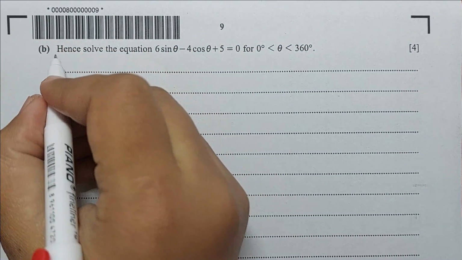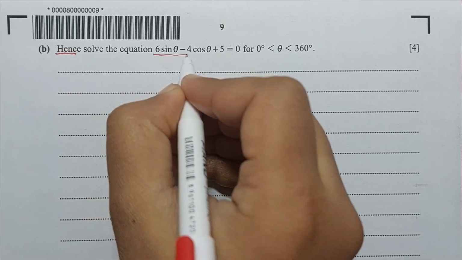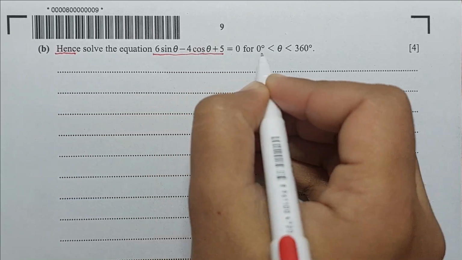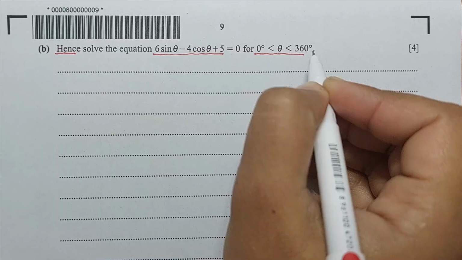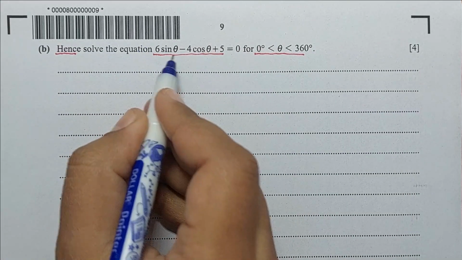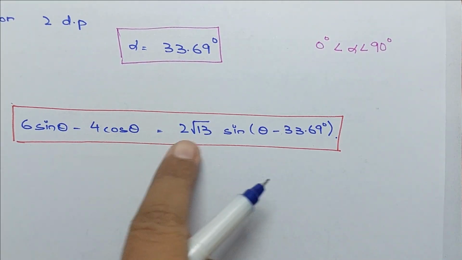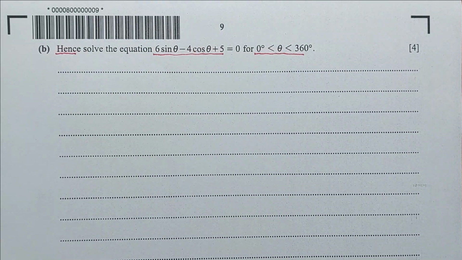Now for part B, hence use answer from part A. Solve the equation this whole plus 5 equals to 0 from 0 to 360 degree. As we know that 6 sine theta minus 4 cos theta equals to this thing. Okay.